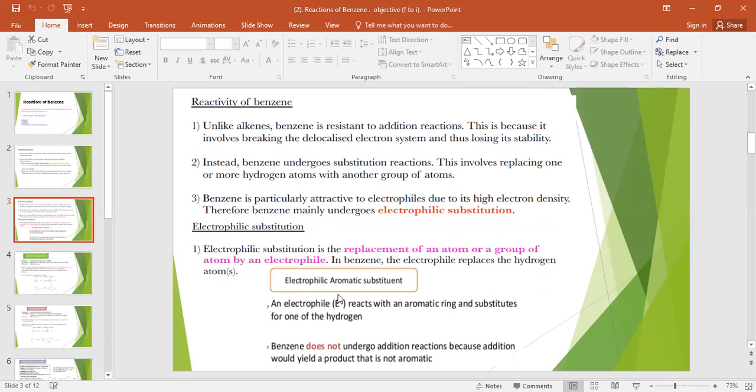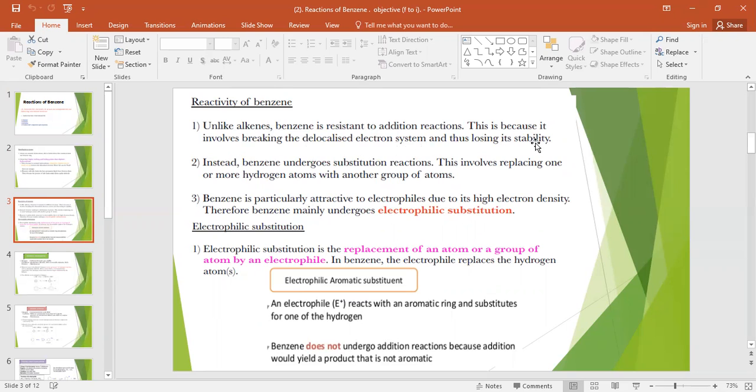Now this very important topic, the reactivity of benzene. Unlike alkenes, benzene is resistant to addition reactions. This is because addition involves breaking the delocalized electron system and thus losing its stability.